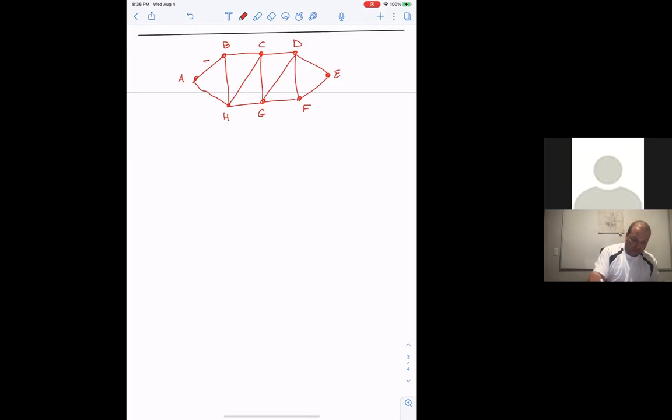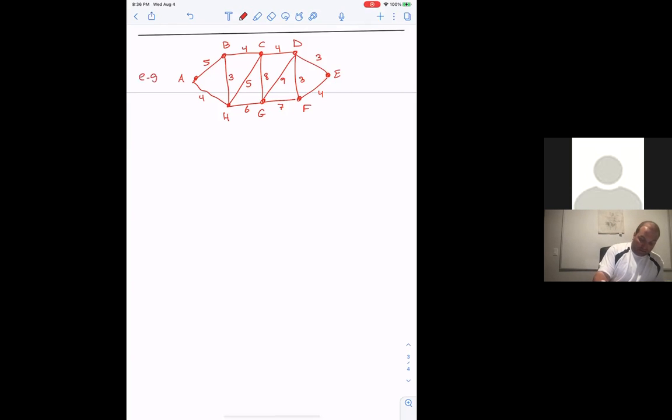And don't forget, this is a weighted scenario, so every one of these must be weighted. So the goal is to remove edges and end up with a spanning tree. Now that part's easy. The question is, how do I know it's a minimum spanning tree?